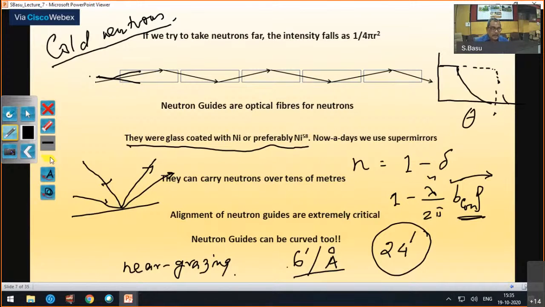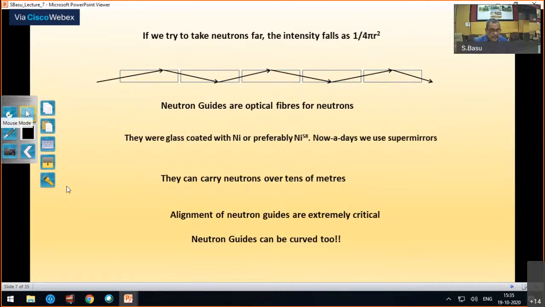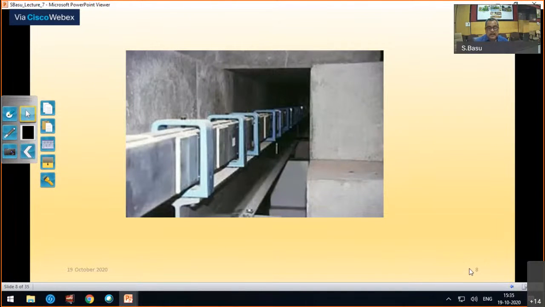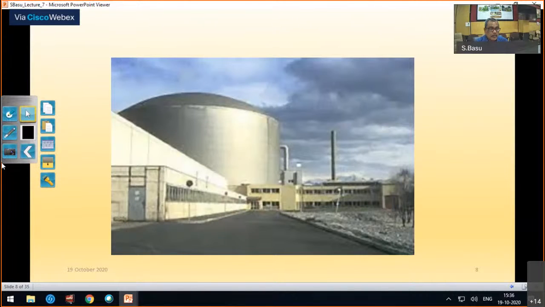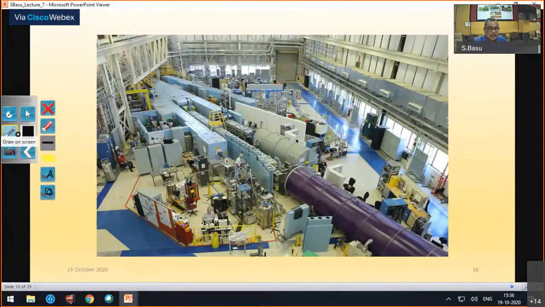More about it later if I have time, but now let's go ahead. So this is how the neutron guides look. They are typically 1 meter long, as I was showing you with that rectangular geometry, and neutrons flow down these guides.